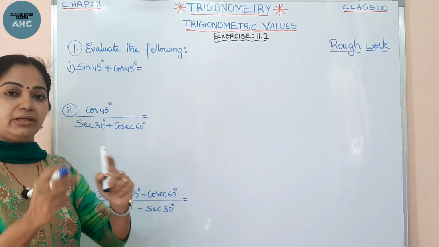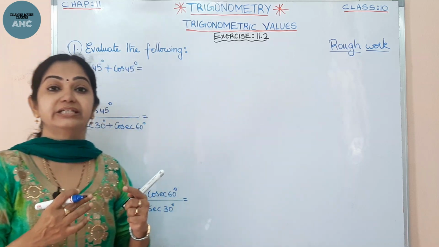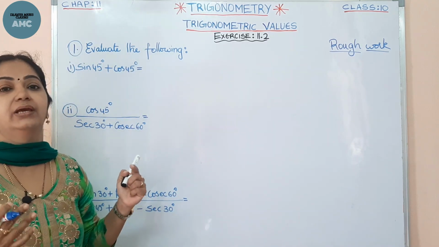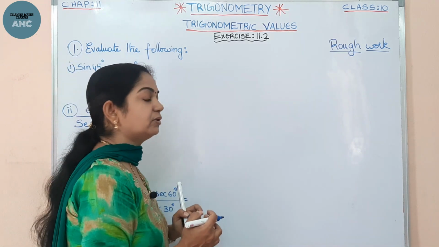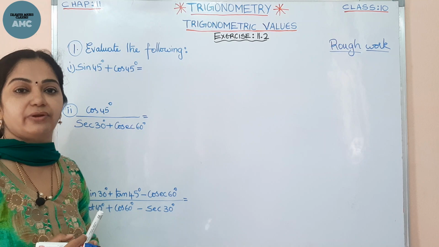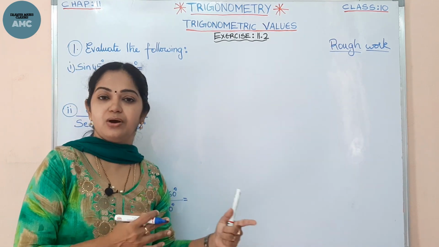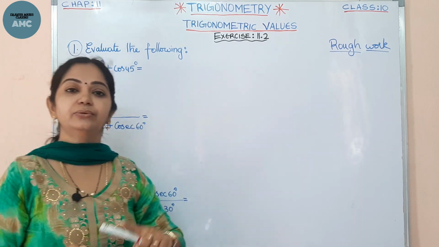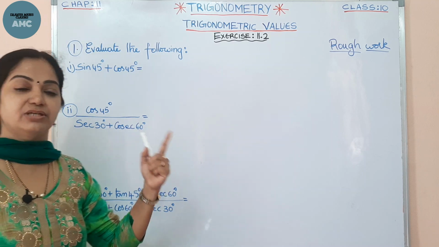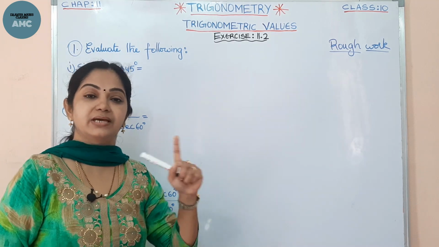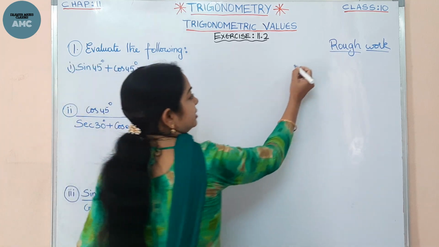Here, if writing the table in the rough part feels difficult, like it is very hard or taking more space, then another method to remember is to bring all the functions, whatever it is, cos, secant, cosecant, into the sine function. Okay, that is another method. Bring to the sine function, because we know the sine values, sine 0, 30, 45, 60 and 90, isn't it?